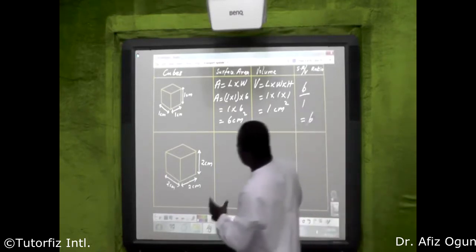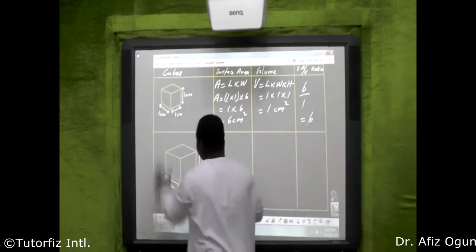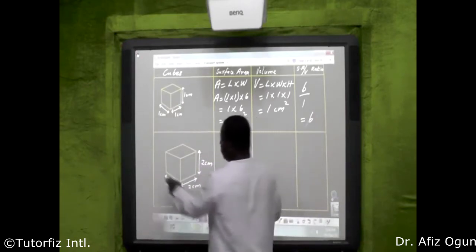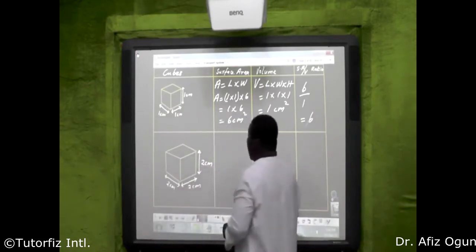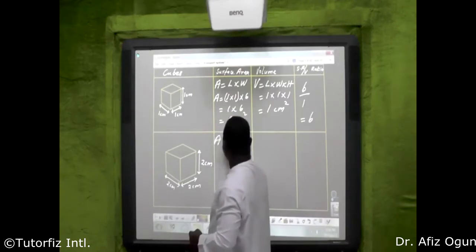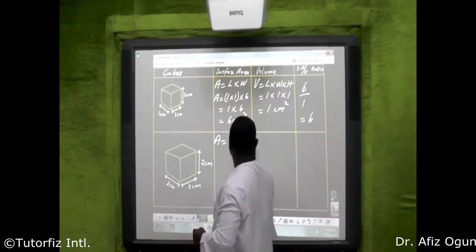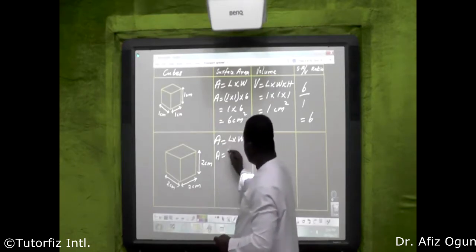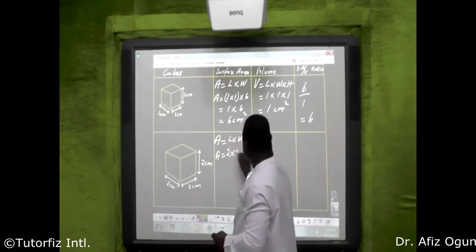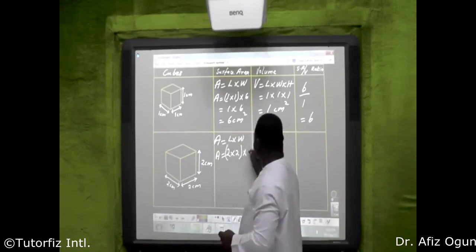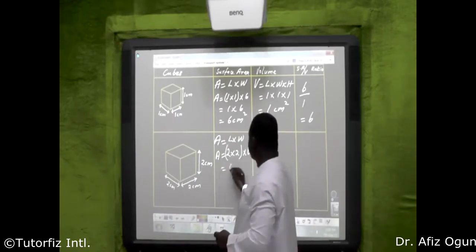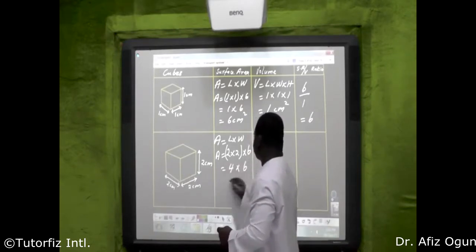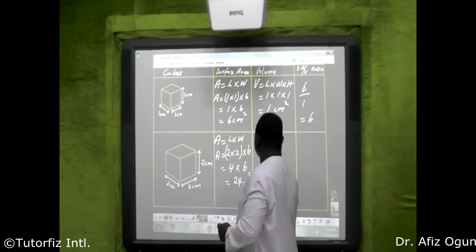Now let's look at the one where we double the dimensions. We double the length, the width, and the height. So the area here is length times width, 2 multiplied by 2. Then that is the area of one side, multiplied by 6. So this is equal to 4 multiplied by 6, which is 24 cm square.